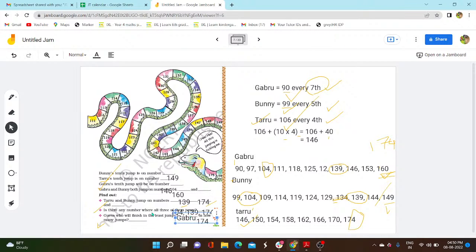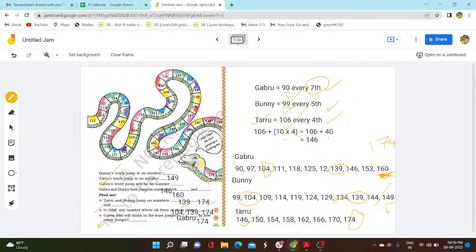Gabru will finish in the least number of jumps, and we have to now find out in how many jumps he will finish. So can you see we have numbers till 175 on the snake, right? And in 10 jumps Gabru has reached 160.